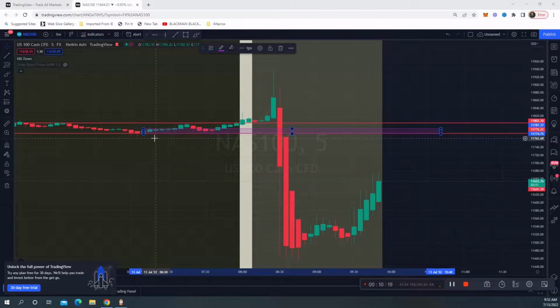Now, I'm sorry, let me take that back. It's usually the way I do it is the first candle that's starting the shift or the reverse. So it would have been this long candle, or the first candle, as you can see here, starting the reverse to go back the other way.